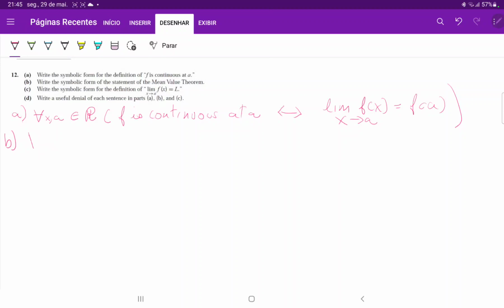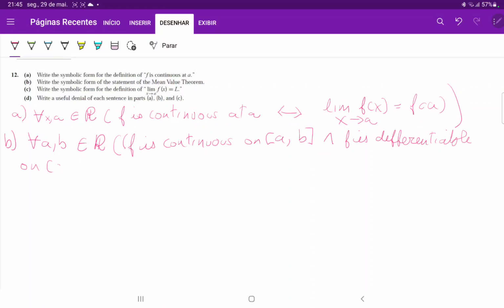So here we have for all A and B belonging to the real numbers, we're going to say if f is continuous on A, B, and I should put an extra bracket here, and f is differentiable on A, B, we're going to say then, if this happens, then there exists a number between them, right?